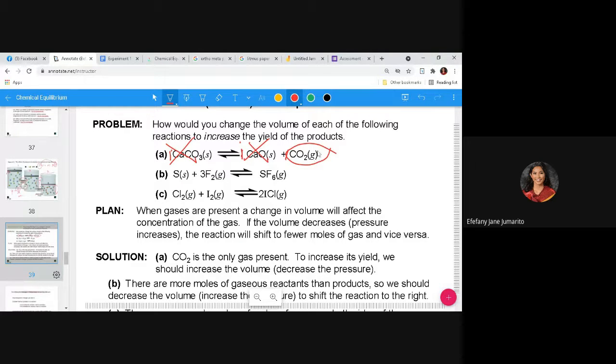Now, unsaon man nimo siya pagpadako ang moles sa imuhang CO2. Dapat imong equilibrium mo favor sa imuhang more moles of CO2.